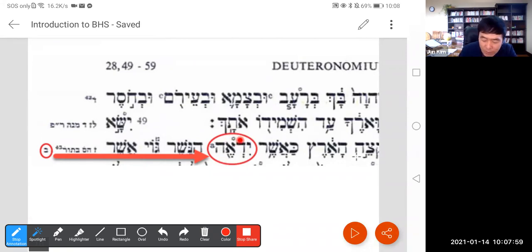So whenever you have a small circle over it, you need to go to the left side or right side, which is called Masora Parva, MP. And you see that this word has something to do with information. It appears with bet and a small dot over it. So you can see that this word is appearing for the second time. This is statistical information. All right, let me move on.